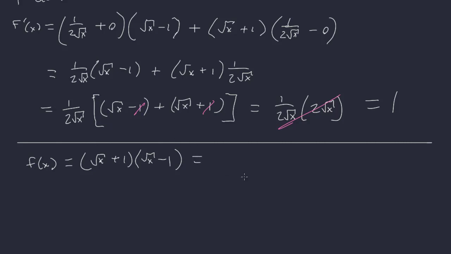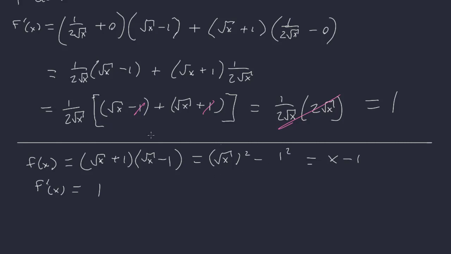This sets up a difference of squares, right? Because it's going to be the square root of x squared minus 1 squared. So this is just going to be x minus 1. And now that we've simplified it to be x minus 1, f prime of x is just 1.